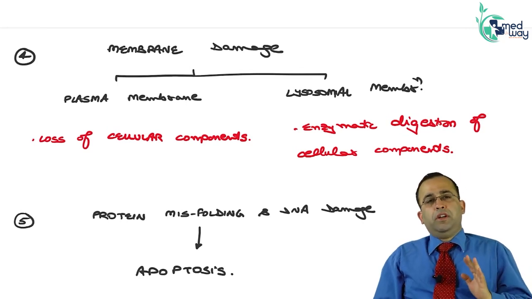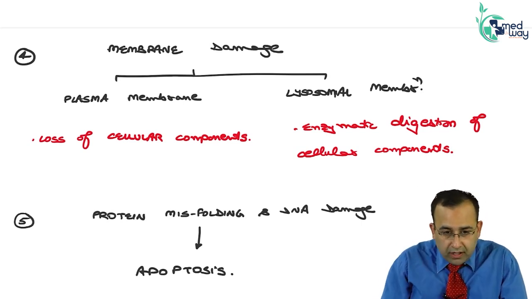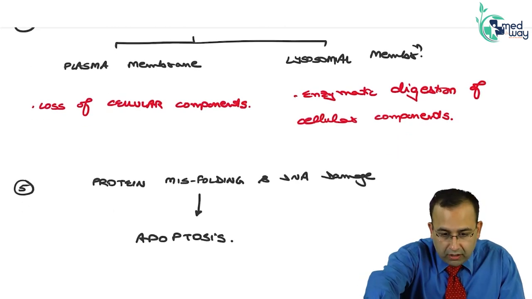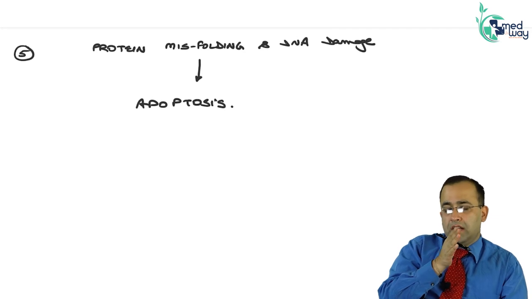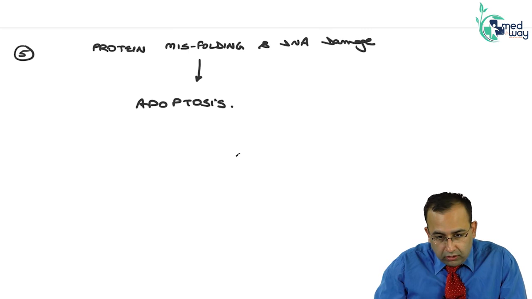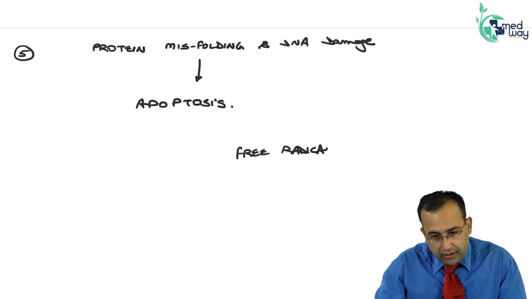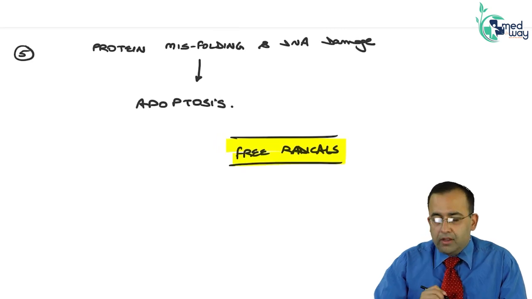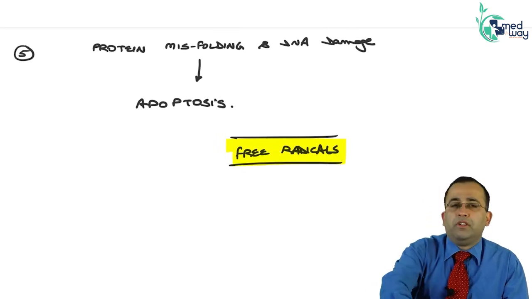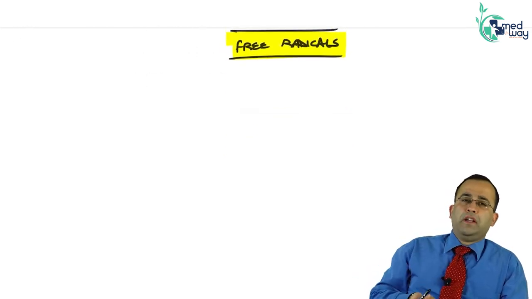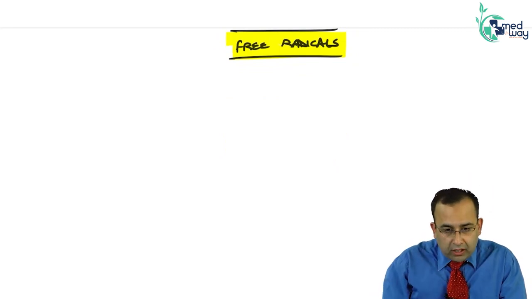Next point. This gets us to one of the main topics in cell injury, that is free radicals and the microscopic features associated with the same. So let us first start with free radicals. What are they? The name tells you everything. What is a free radical?